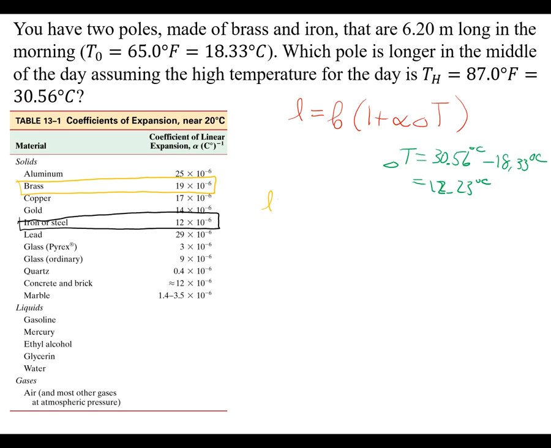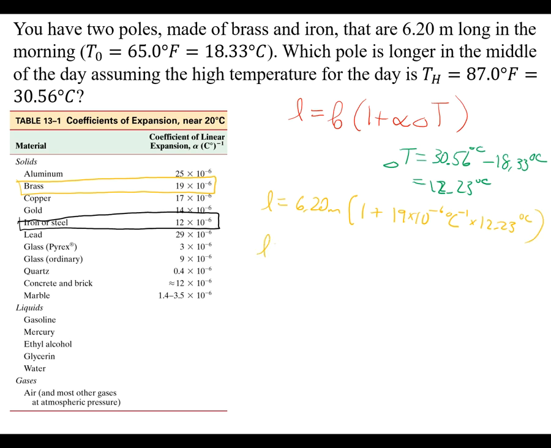So the length of the brass is going to be its initial length, which is 6.20 meters, times 1 plus its coefficient, which we just saw here, is 19 times 10 to the minus 6th inverse degrees Celsius, times the change in temperature, which was 12.23 degrees Celsius.